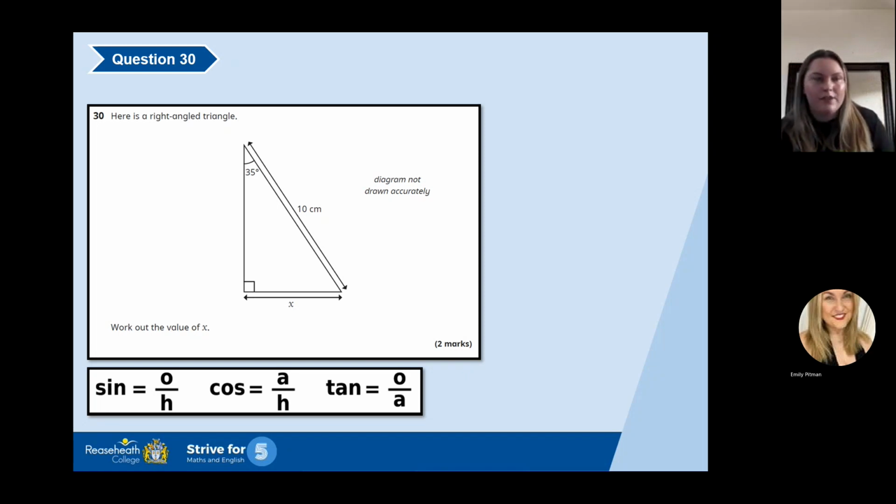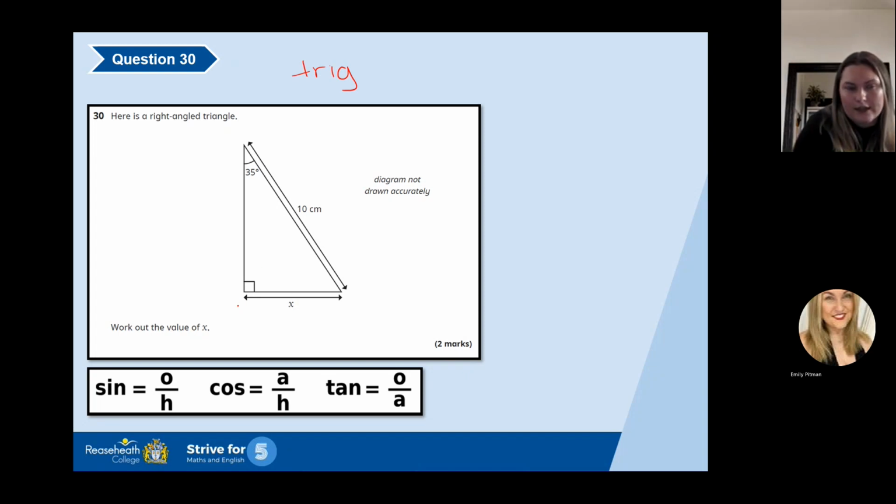So I can tell it's not Pythagoras, because if it was Pythagoras, I would have two sides and I'd be working out another. But here I've got a right-angled triangle and an angle. So I'm thinking it's trig or trigonometry, which is the sin, cos and tan. So to start with, I'm going to talk to you about what the different sides of the triangle are called.